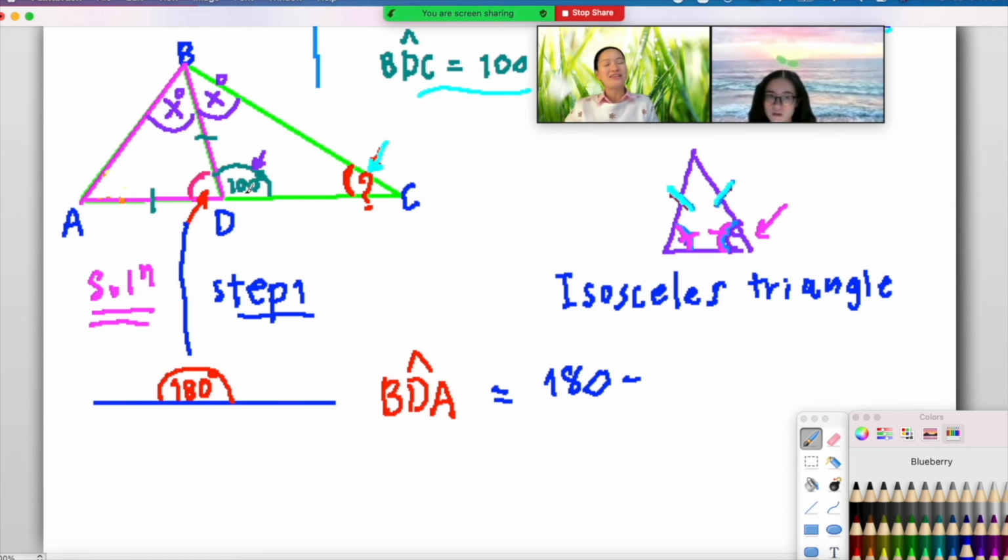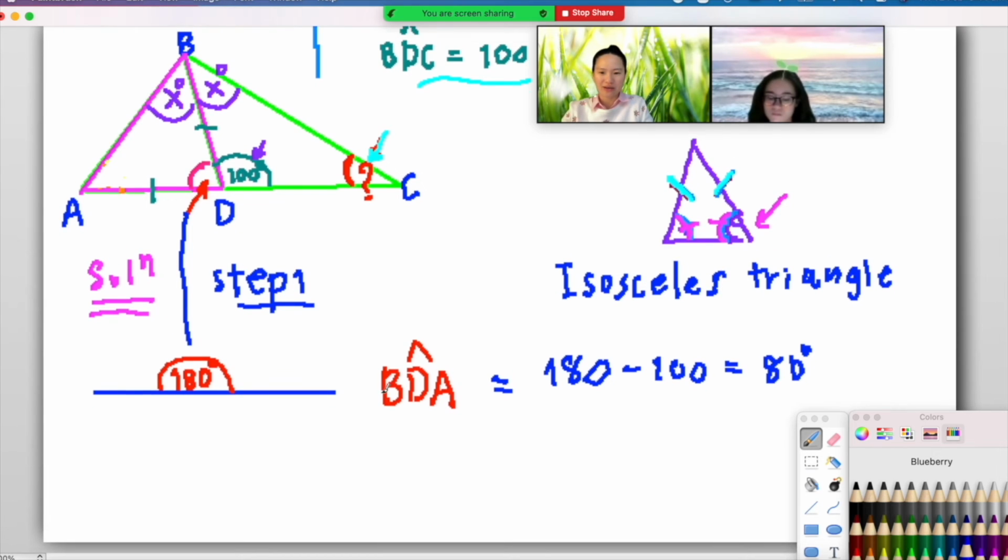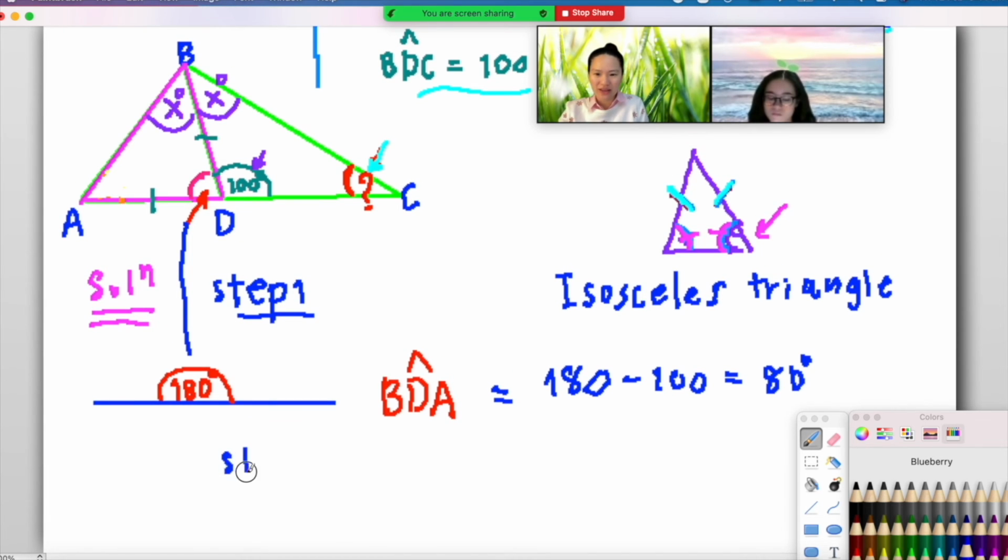They give you 100 here and you want to find this one, and you know that all of them equal 180. So 180 minus 100. Very good. And it equals 80. Okay, that's it. We get step 1 already. Step 2. Look at this one. I'm going to go next to step 2.